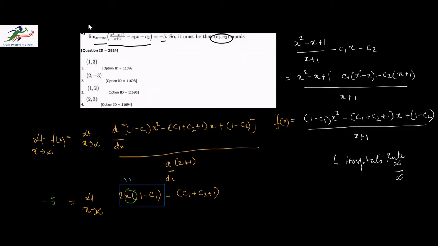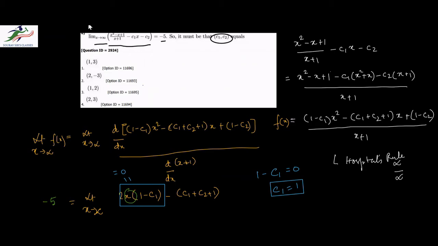If this term is equal to 0, then this function will tend towards a finite limit. So that means 1 minus c1 is equal to 0, or c1 is equal to 1. So the value of c1 is 1.